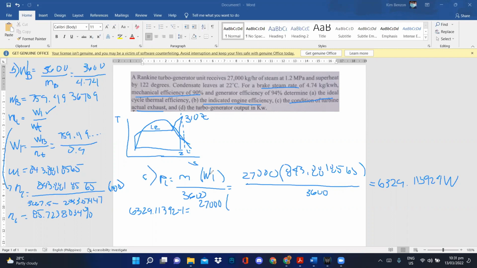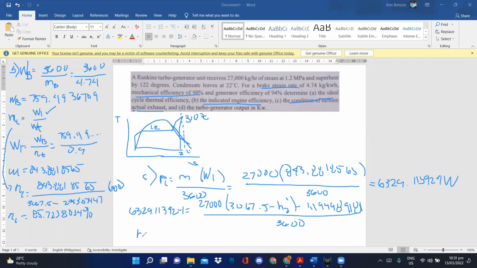times, 'di ba itong indicated work natin sa turbine, may incorporate na natin yung H prime kasi yun hinahanap natin, the actual minus H2 prime minus 1.1998981 all over 36.